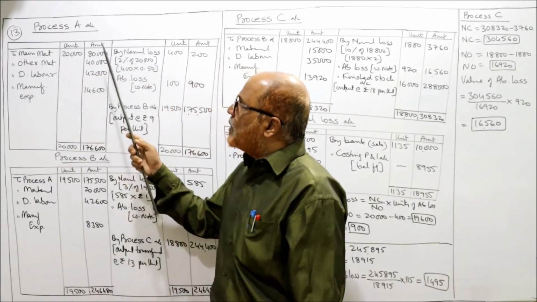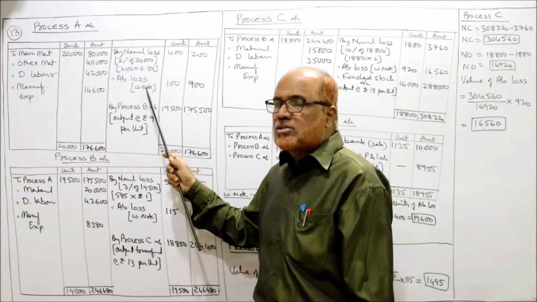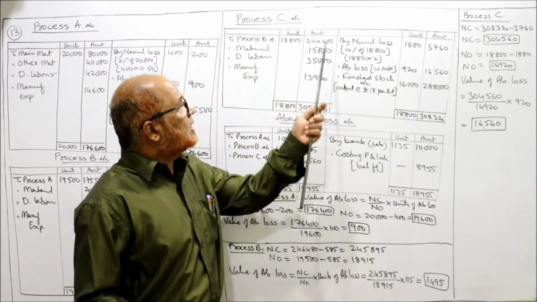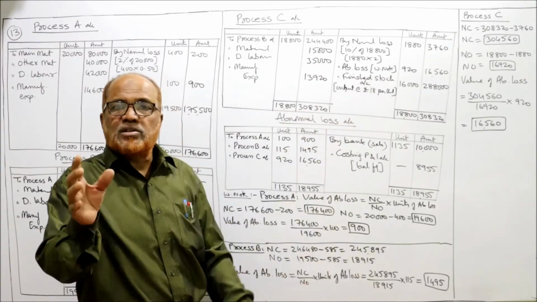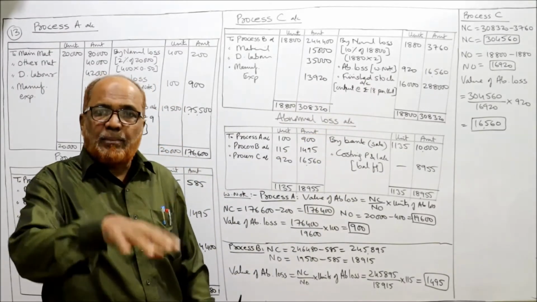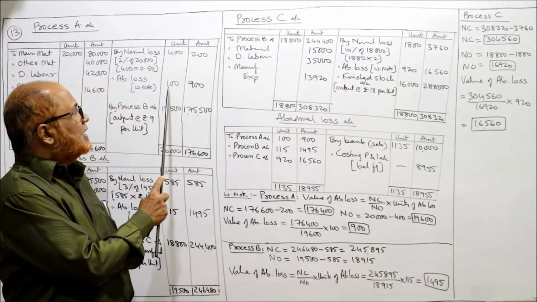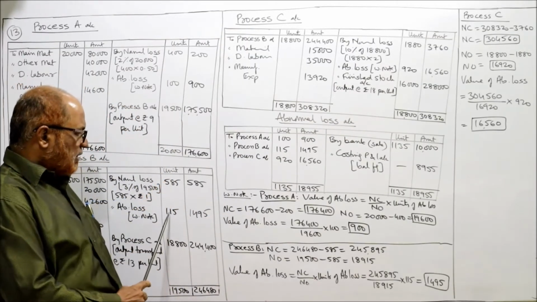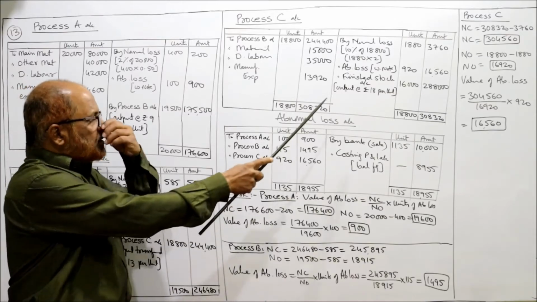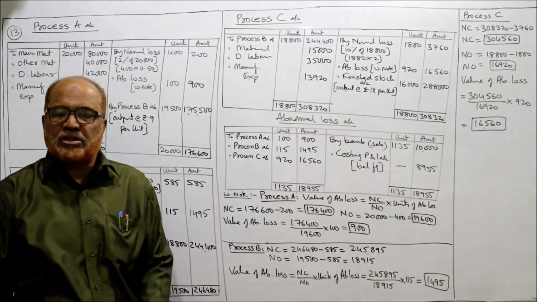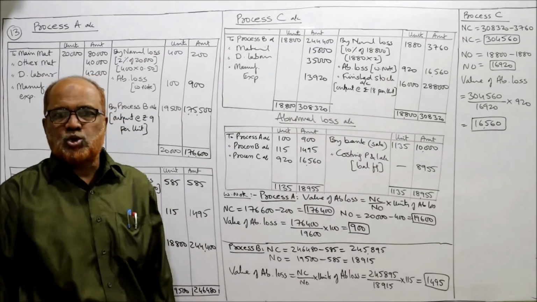See here, A process is credited by abnormal loss, B process is credited by abnormal loss, C process is credited by abnormal loss. So process accounts are credited. Now abnormal loss should be debited. Debit side: process A 100, 900; process B 115, 1495; process C 920, 16,560. Posted. Abnormal loss entry posted.